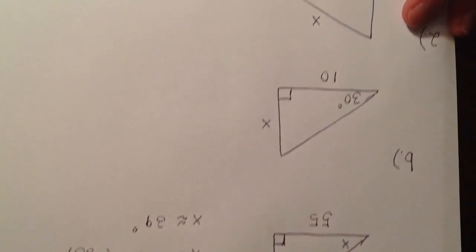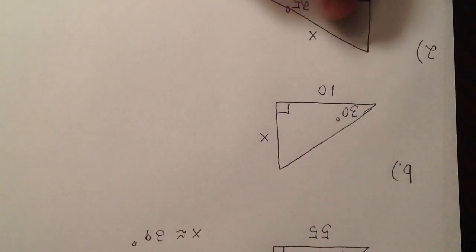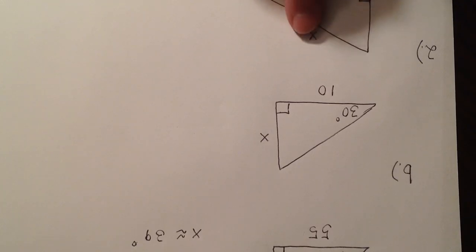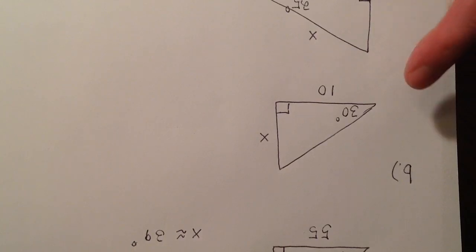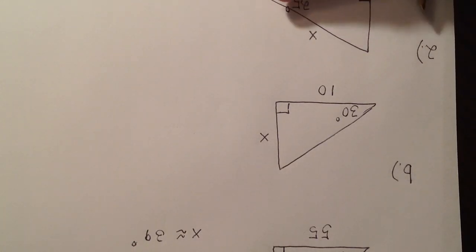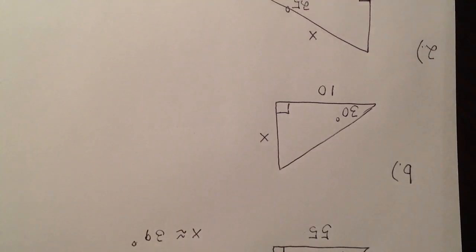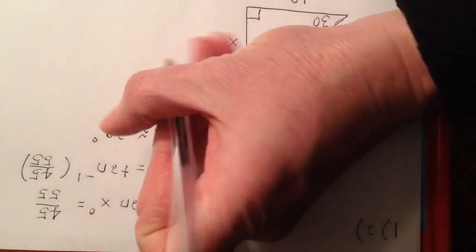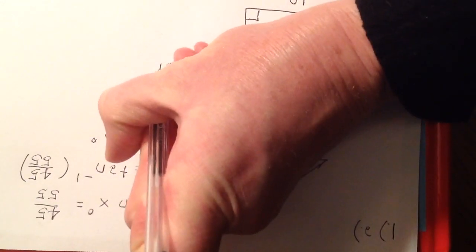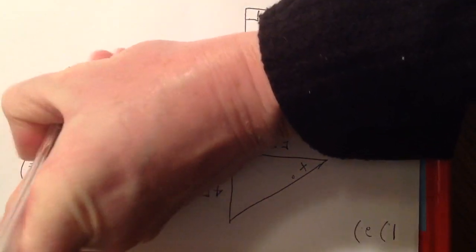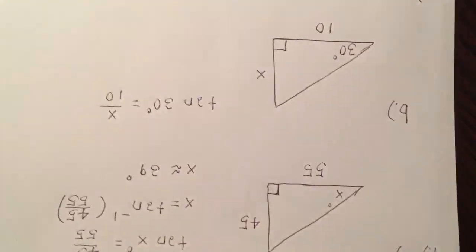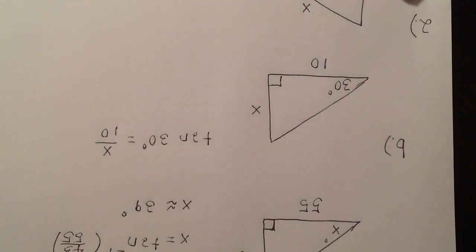In example B, the triangle involves the same sides, the two legs, and the acute angle that's 30. We're not involving the hypotenuse, but we're not trying to find the angle, we're trying to find the missing side. But it's still the tangent ratio, and what we would write is the tangent of 30 degrees equals the side opposite, which is x, over the side adjacent, which is 10.